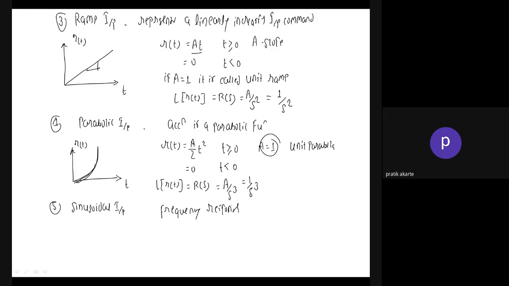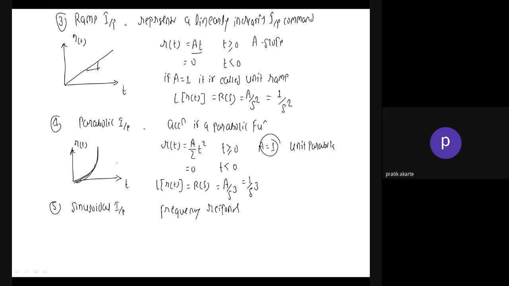A very simple example is when we need to check the quality of the speaker of a music system. In this case, we play different frequencies, different sinusoidal waves, and we study how that particular music system responds to these different input frequencies.